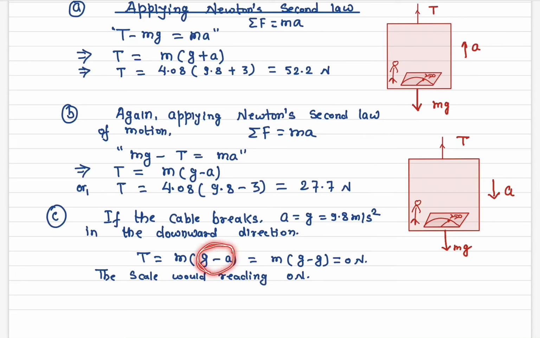So the total acceleration would be 0. T equals m(g minus g), and this is equal to 0 Newton. So the scale will read nothing, 0 Newton. That is free fall because there is no normal force acting onto you, and the spring scale would read nothing.